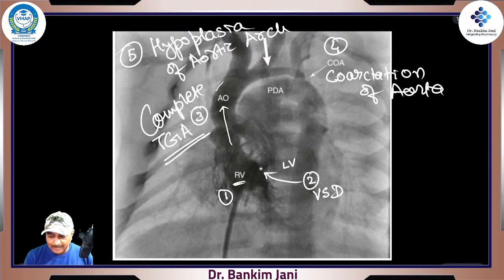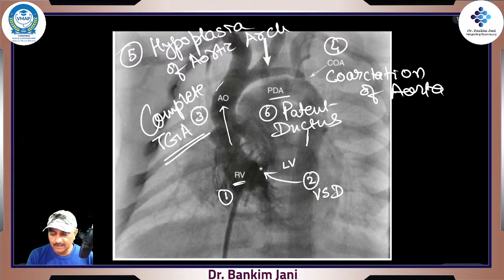As from the left ventricle, the trunk which is going out, the pulmonary trunk, when it is going out, it is leading to the combination of, see, this is such a thick ductus arteriosus, and this is patent, right? See, this is patent ductus arteriosus. So this one is the sixth one, that is the patent ductus arteriosus.